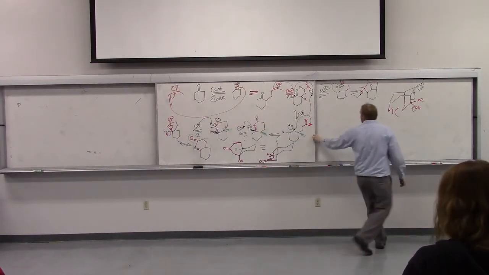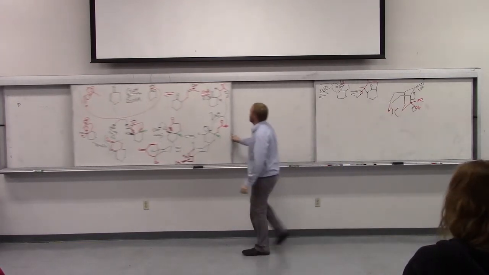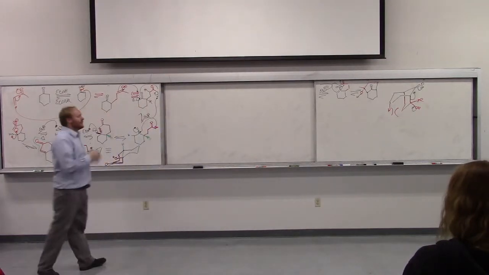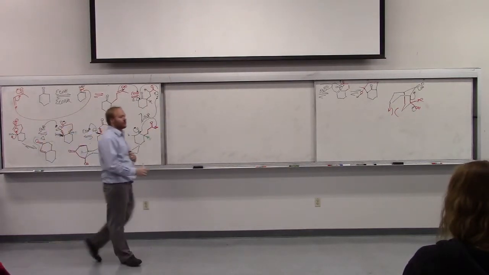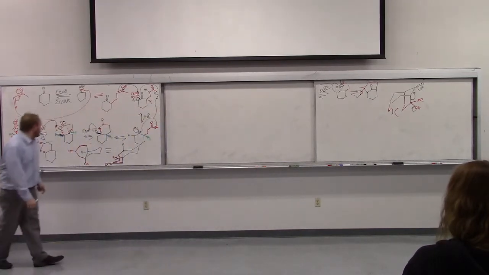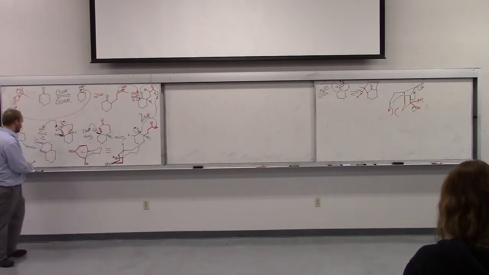So once again, the Robinson annulation. The key thing with the Robinson annulation is it's completely thermodynamically controlled. And it's given us the most stable ring system, which happens to be this decalin system here.